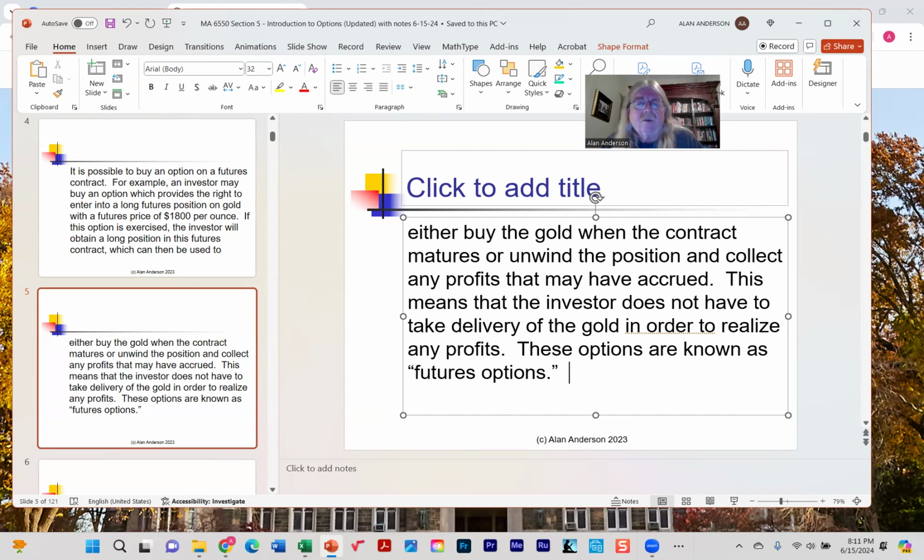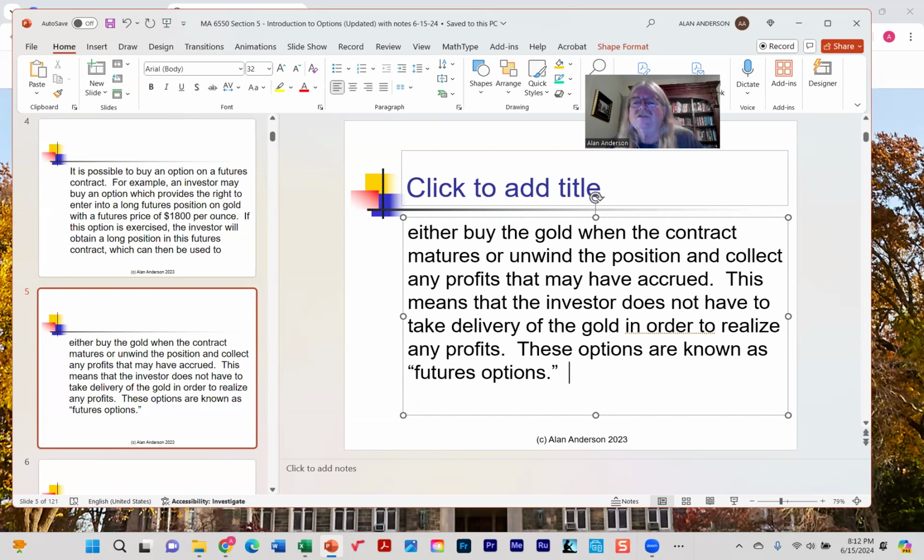And by the way, in case you were wondering, and we'll discuss more of this later on, there do exist options on other options. In other words, you can buy an option that gives you an option of another type, and those options can be futures options. So you can imagine yourself in a position where you have an option on a futures contract. So you're basically 3 steps removed from the underlying asset.